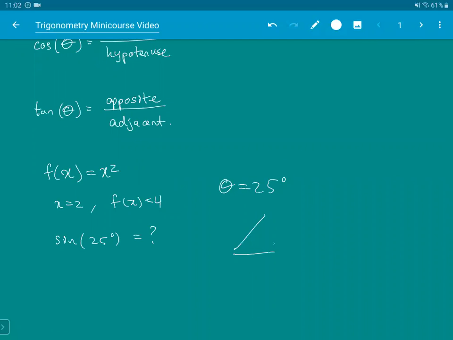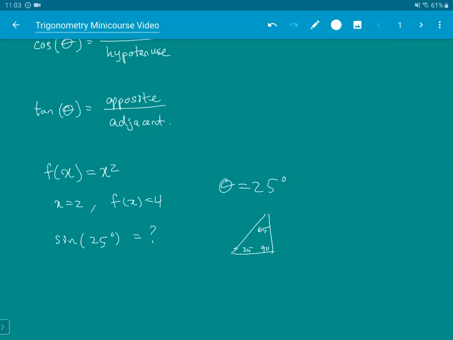Maybe you'd have to look at the triangle with 25, 90, and 65 degrees. But just by knowing these degrees, we have no way of knowing the ratio between the sides, because we don't know anything about the side lengths.